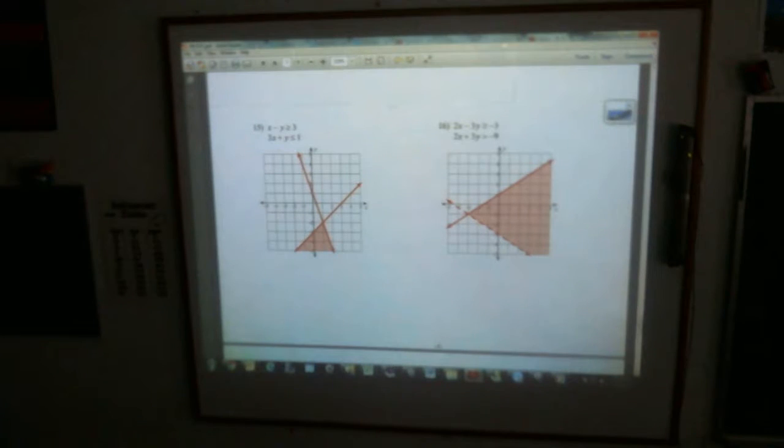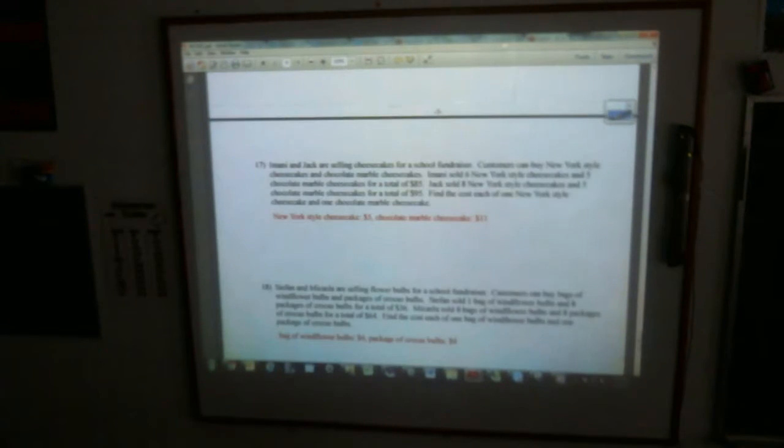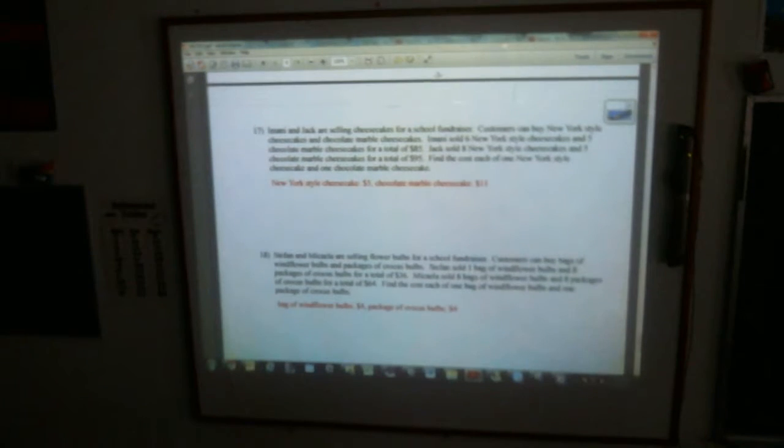And options do my favorites. 17, cheesecake $5 for the New York, chocolate marble 11. 18, bag. 12 balls, $4.